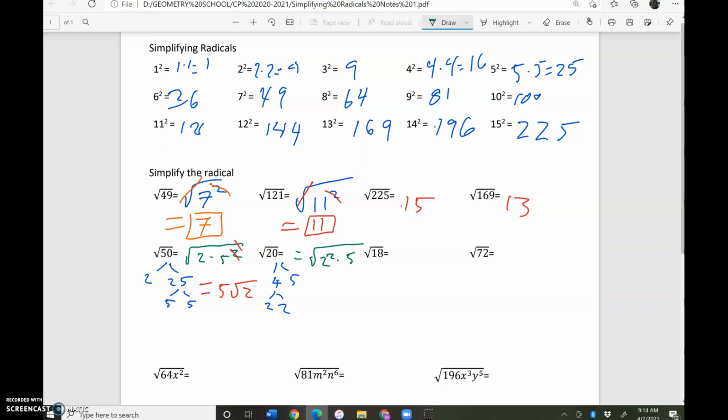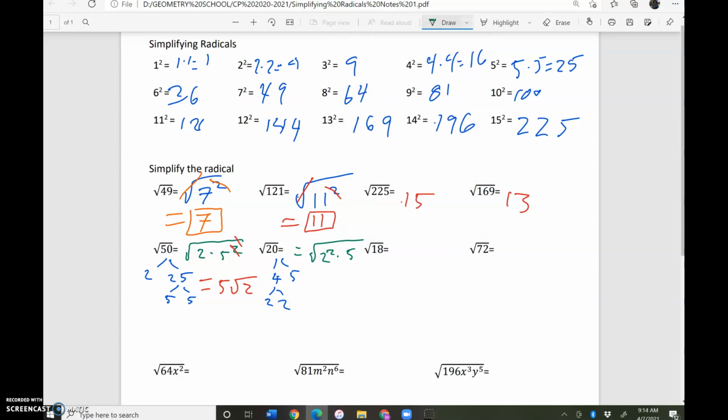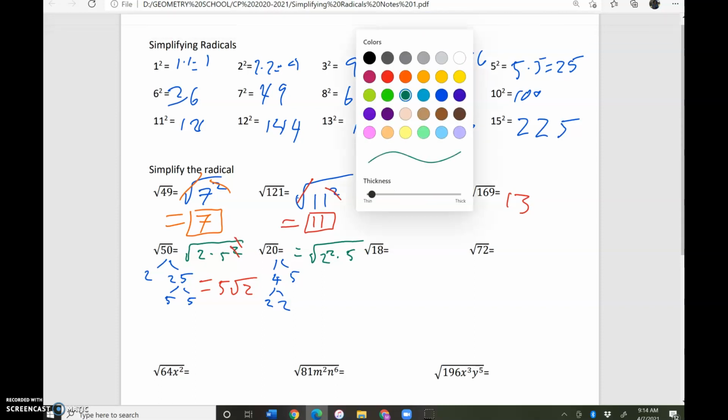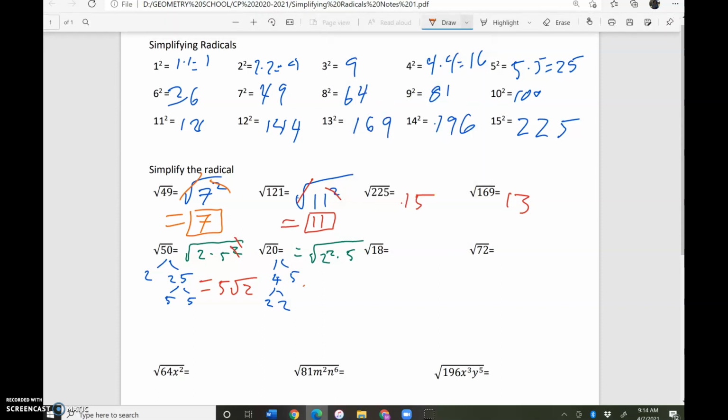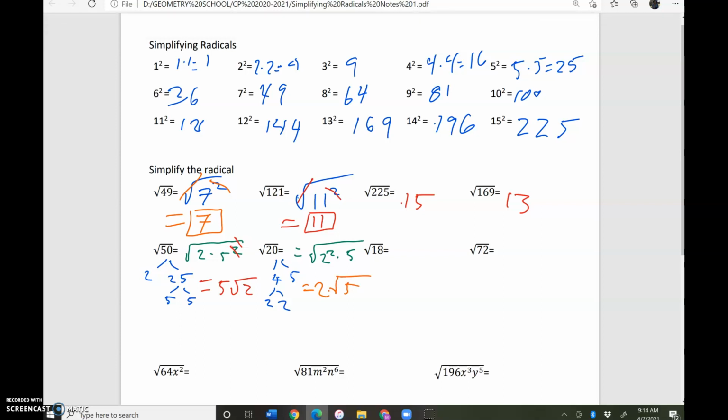Now again, only the good square kids get to come outside. So the 2 has a square on it, so the 2 gets to come out. And now the 5 has to stay inside. So I get 2 square root of 5. Next, 18. We'll do the same thing again.